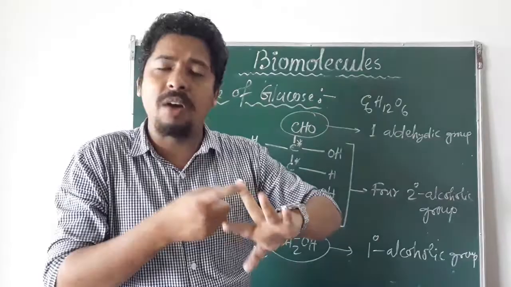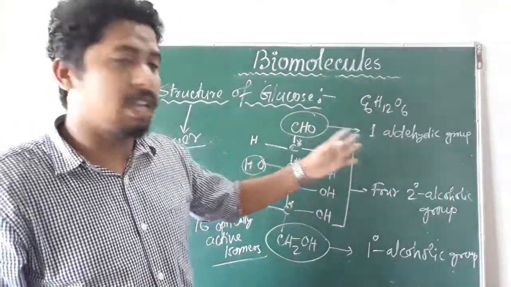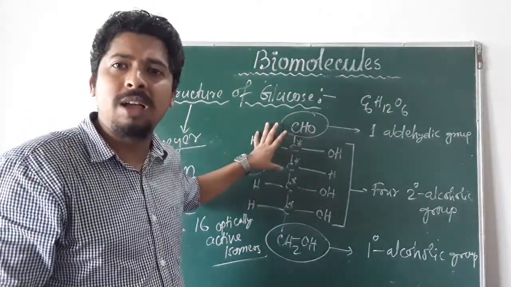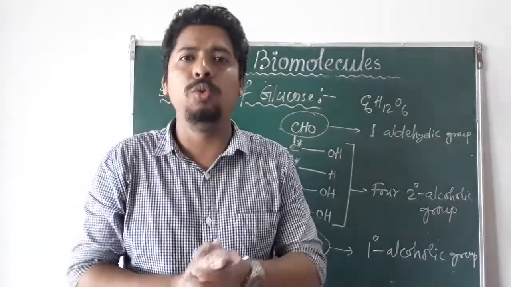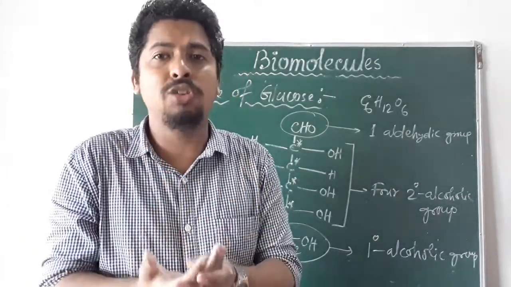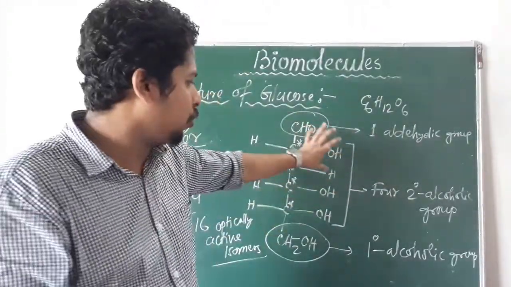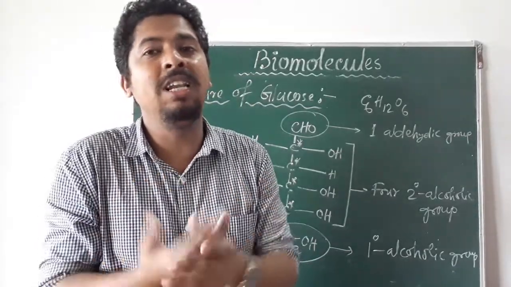And after that, we discussed the structure of glucose. In our next class, we will be discussing the determination of these functional groups, how the aldehyde group and alcoholic groups can be determined in a glucose unit. So that will be in our next class.